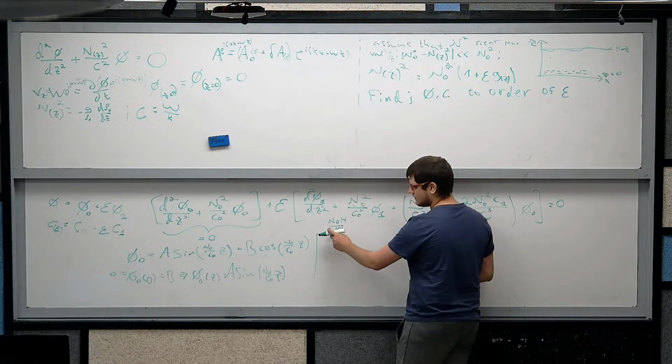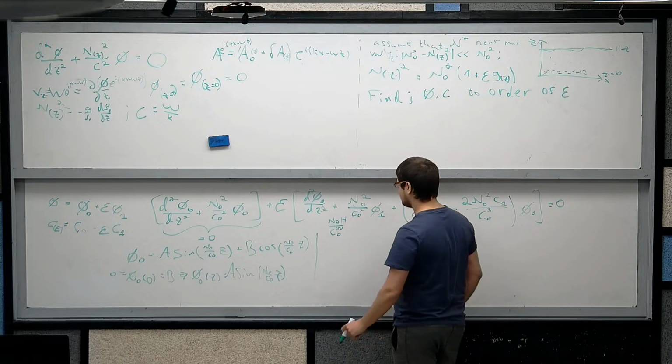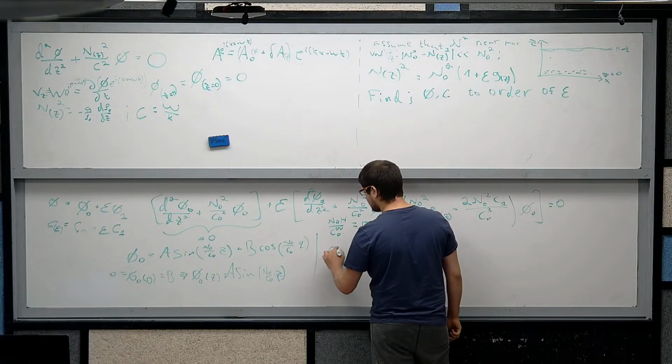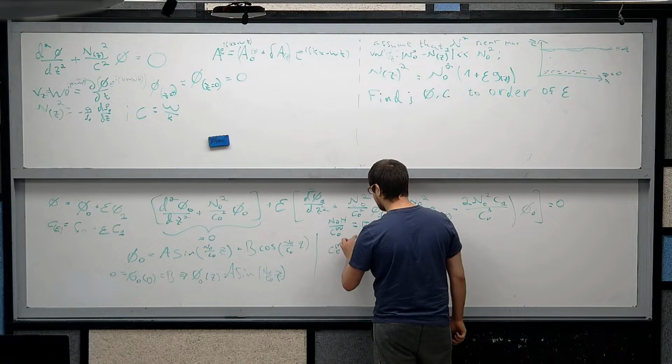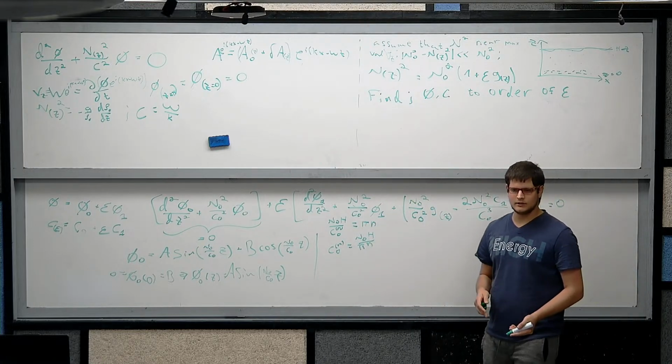I write that the nth mode, zeroth order of the nth mode of the speed of sound is c n, and then we find that n h. Quick check. Is our velocity exploding?